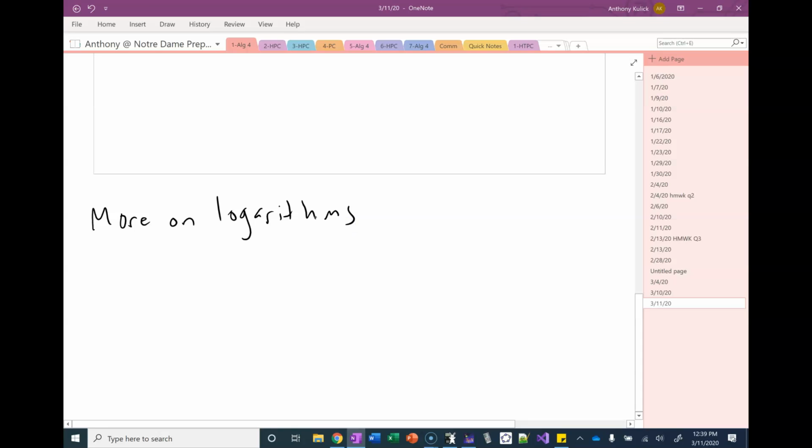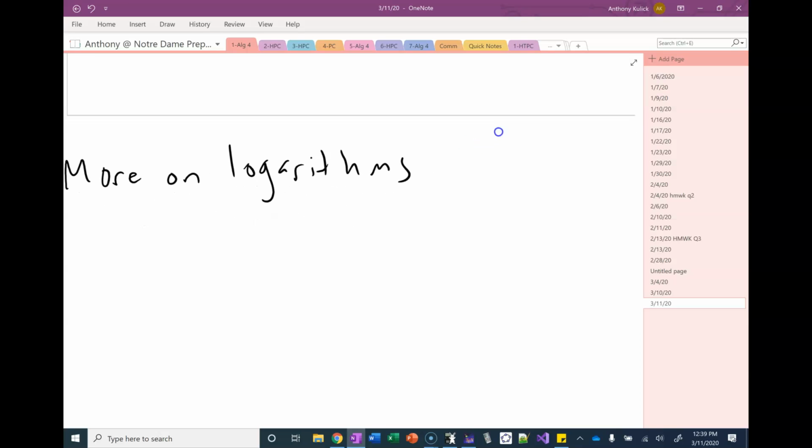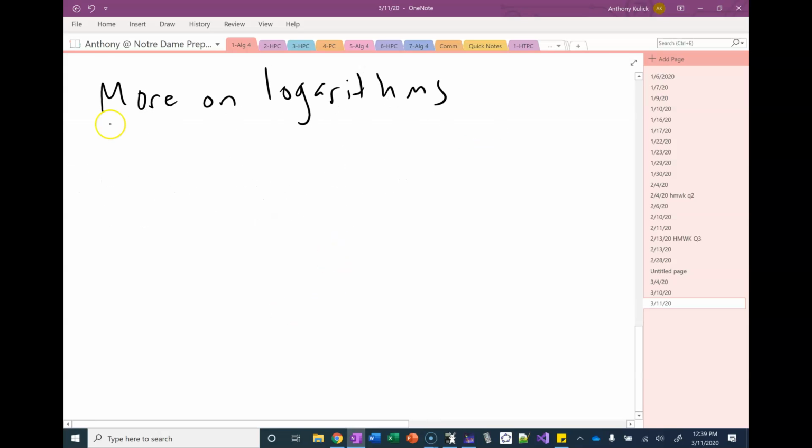So we're going to continue talking about logarithms here. So the first thing I want to do is just recap our definition for a logarithm that we saw last time.